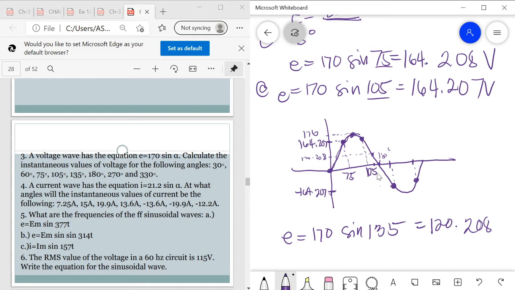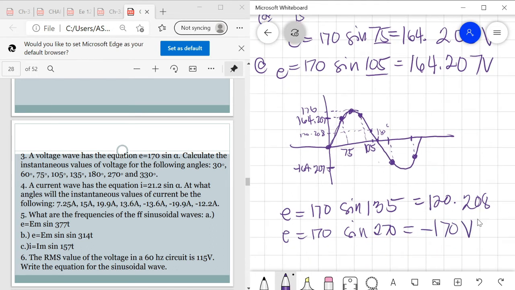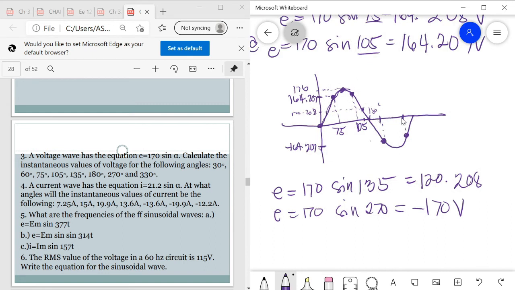270. 170 times sine 270. That is negative 170 volts. So, nasa ano na tayo, negative half cycle. E is equal to 170 sine 270 is equal to negative 170 volts. So, nandito yung 270 kasi 180 to. So, baka nandito yung 270 or here.